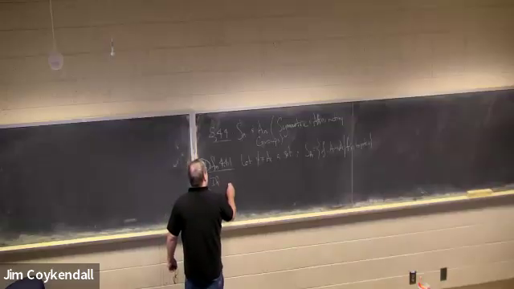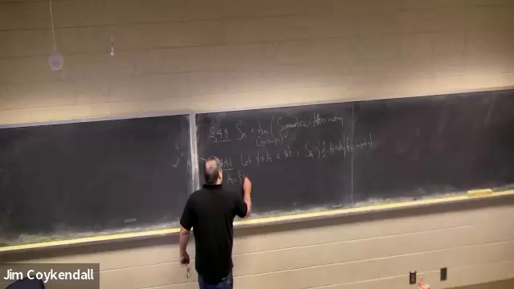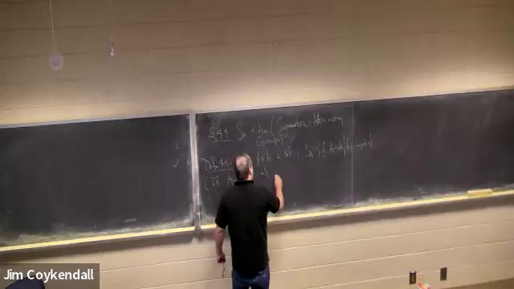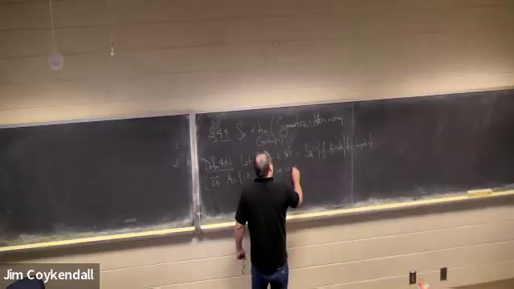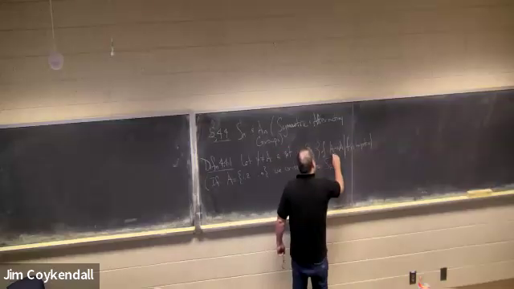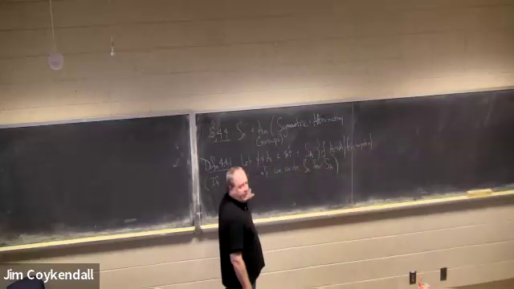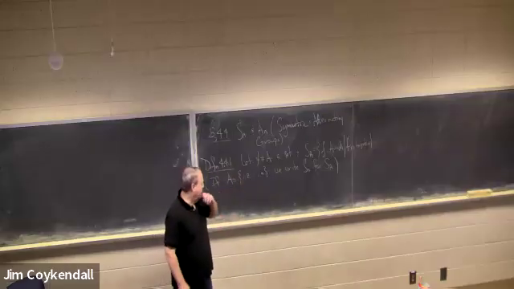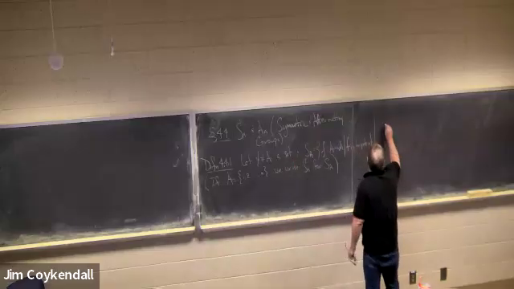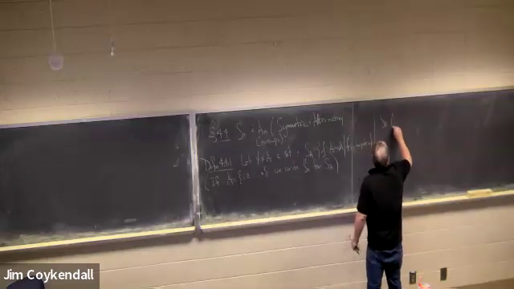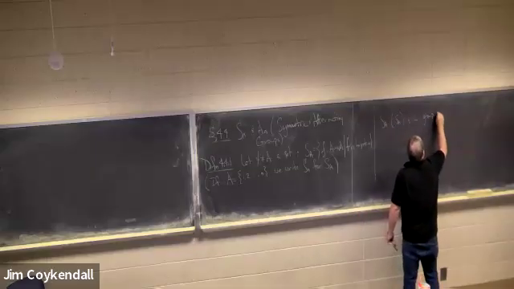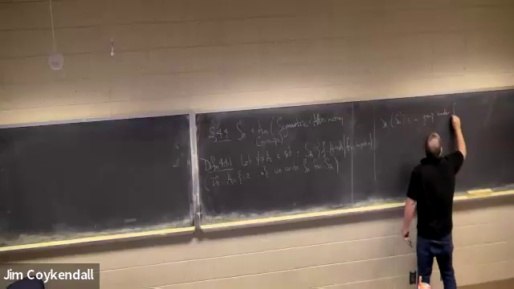If A is the set of numbers 1 up to n, we write S_n or S_A. If this set is finite, and so we've seen this, this is a group under function composition.